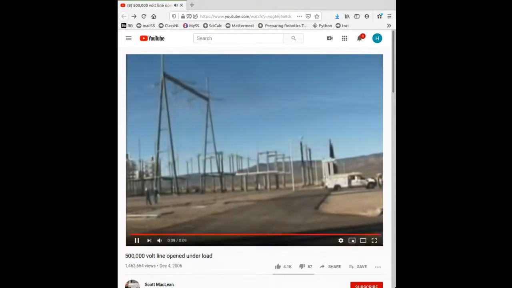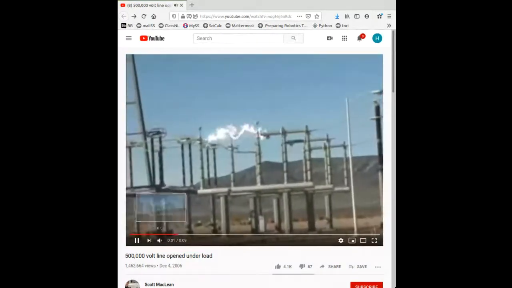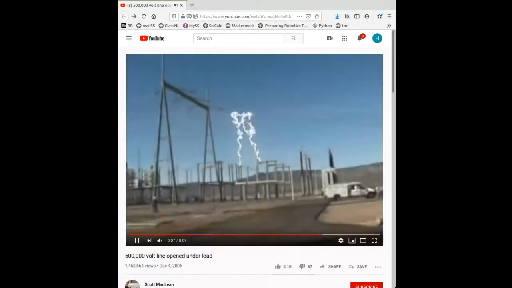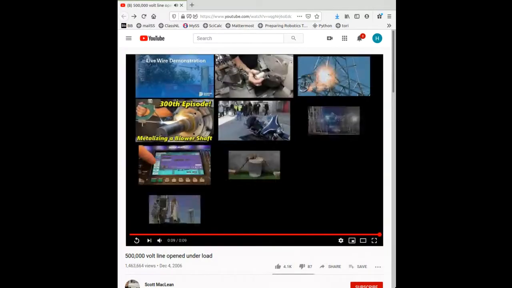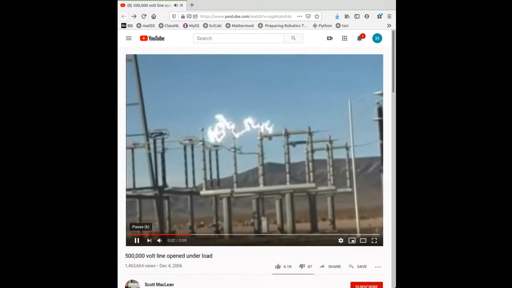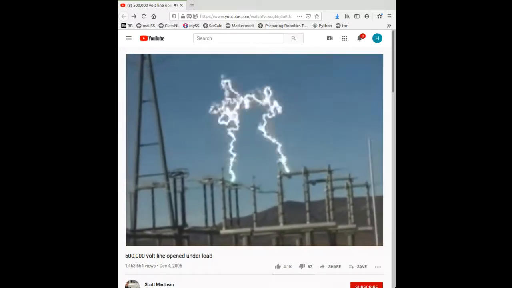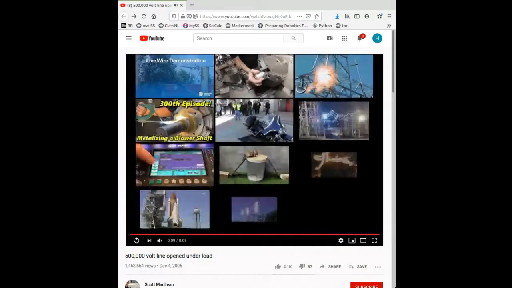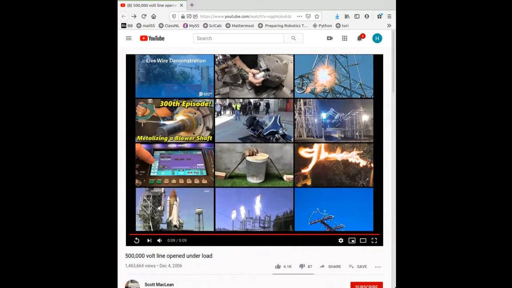As that's going through there, that's current flowing from one side to the other that whole time, until it finally dissipates, and then there's no current. But while it's doing that, current is flowing and it's heating up the air. Okay. So anyhow, I just thought that was a cool video to share with you.